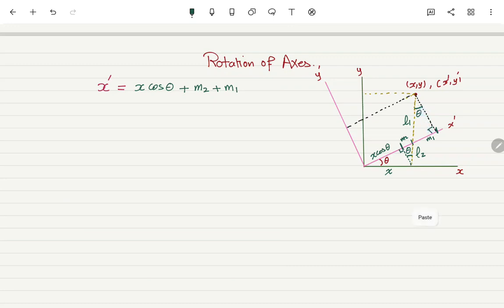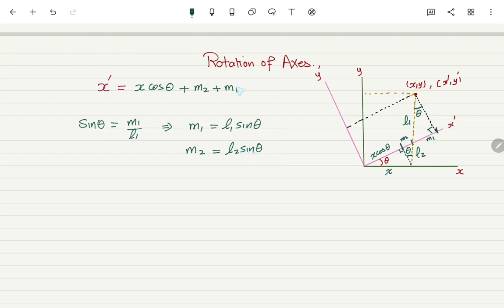So sine theta equal to M1 over L1, or we can say that M1 is equal to L1 sine theta. And if we follow the same procedure, if this is theta here and this is a right angle triangle, so M2 will be equal to L2 sine theta.